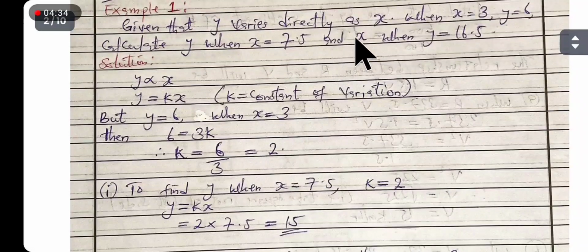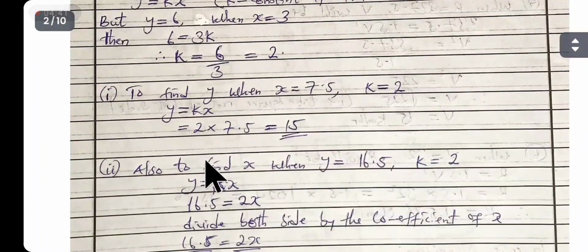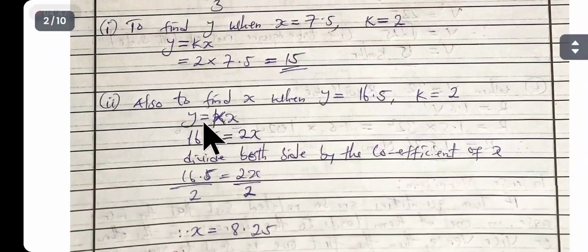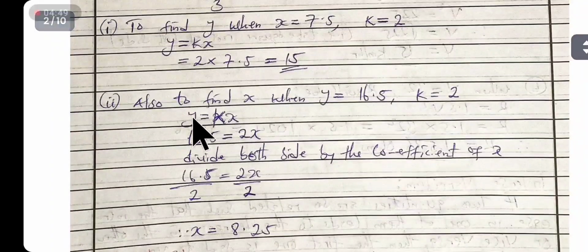Also, they say we should find x when y equals 16.5. So to find x when y equals 16.5, k is equal to 2 already, which we have established. So this is the relation: y is equal to kx. So 16.5 is equal to 2x.